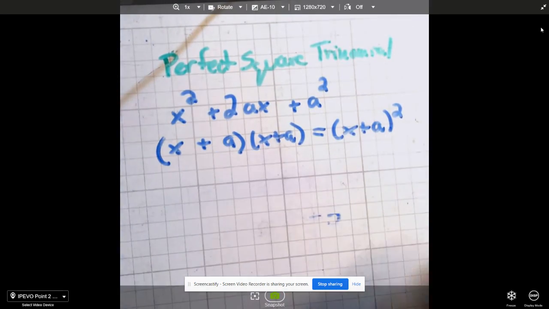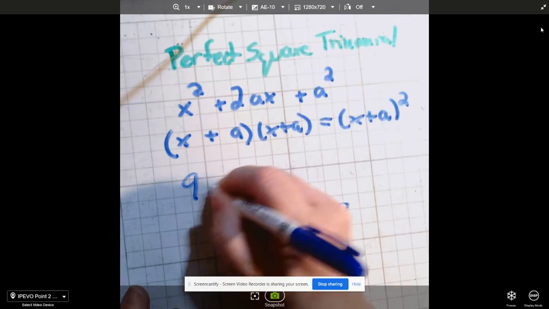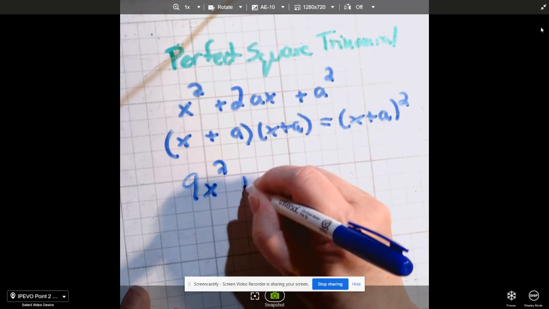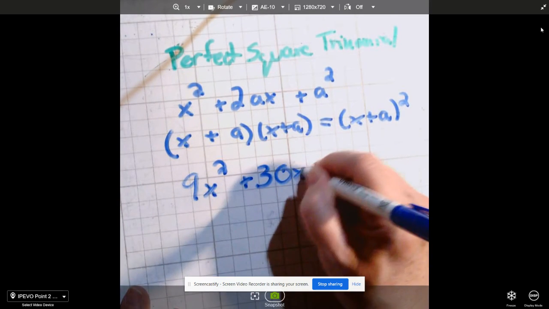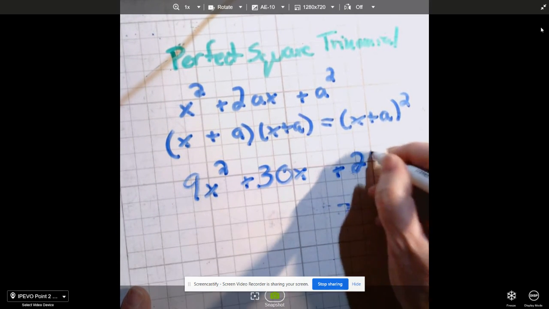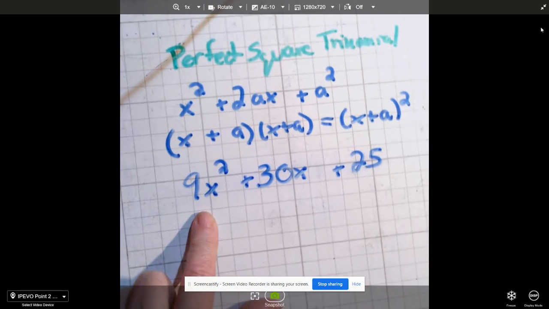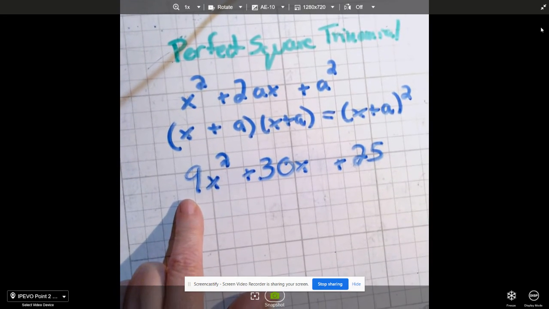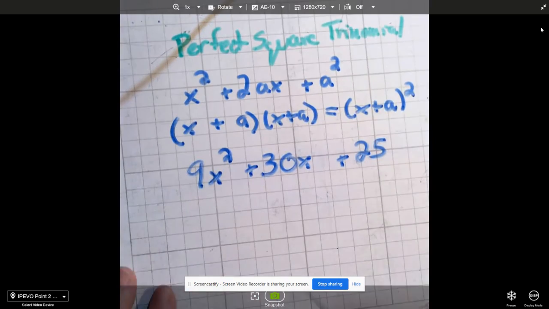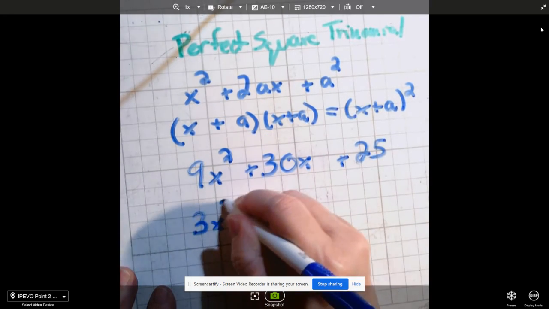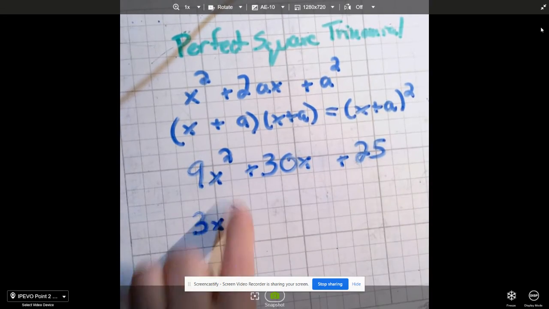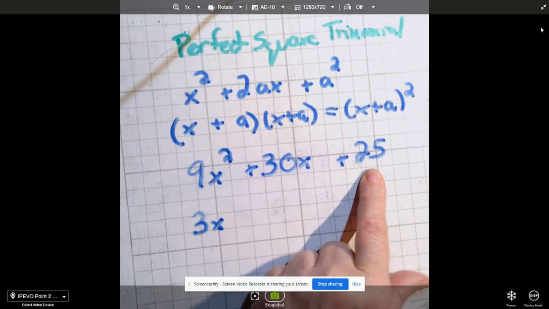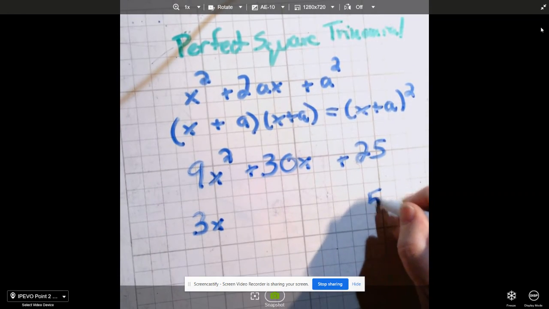Let's take a look at another one: 9x squared plus 30x plus 25. Well, this one here is a perfect square because 9 is a perfect square and x squared is a perfect square. So if I square root them, I'll get 3x. This one's a perfect square: 5 times 5 is 25.